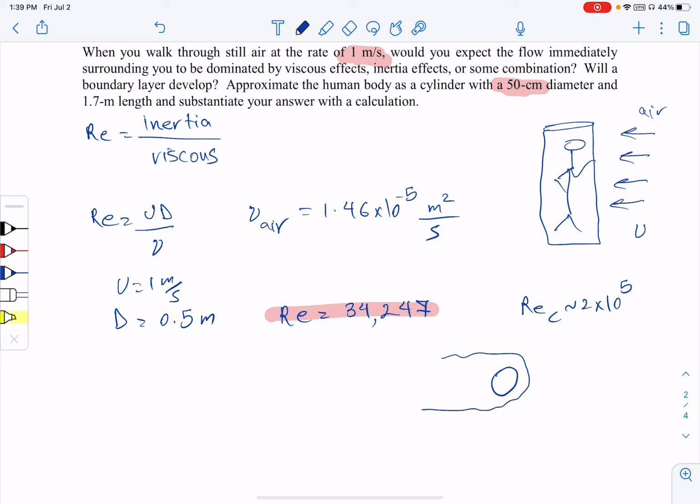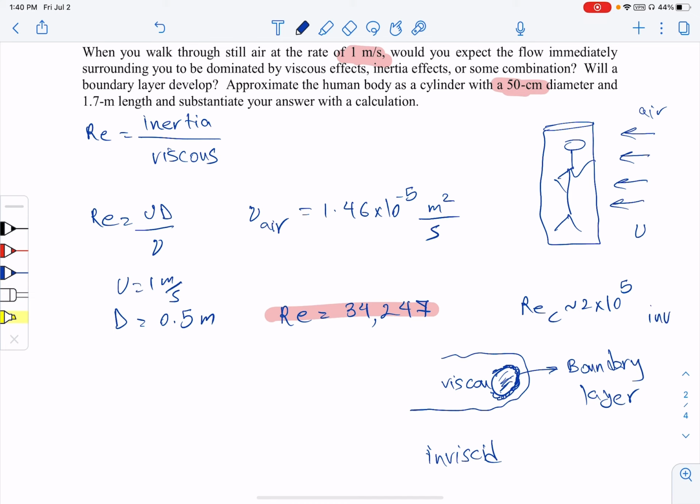If I want to show it, if this is the person, here we have the viscous region, and let's show it like this: we have the boundary layer, and everywhere else we have inviscid flow.